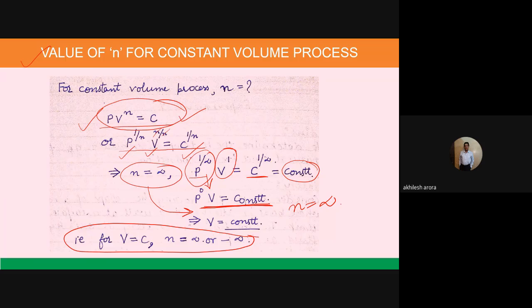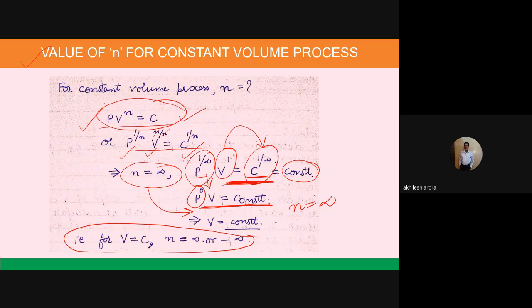Whereas the value of P we have considered to be 1. But we have to consider some value of the constant, because volume will not be 0. So when we proceed with N equal to infinity, the pressure term becomes 1, but volume can never be 0 in that particular case.